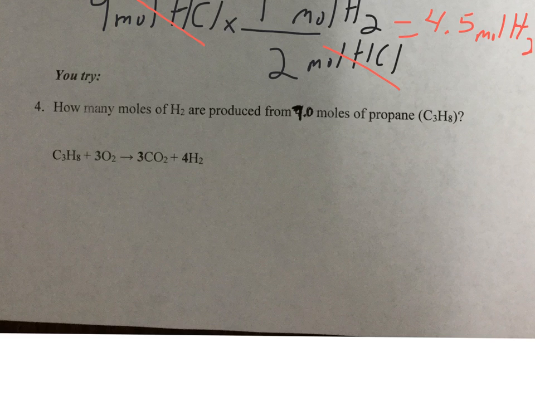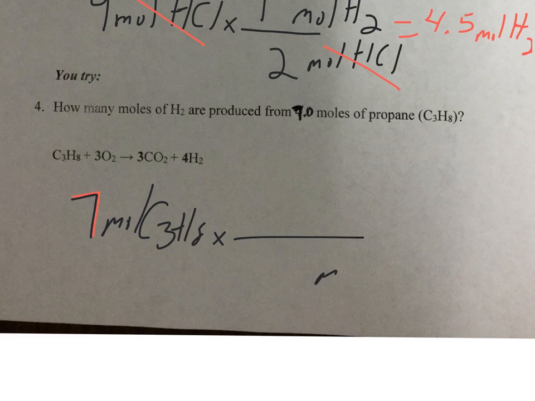Okay? That's not right. You can write it out somewhere on the side or something. Remember, you're going to switch the propane to hydrogen gas. What's my answer? I got 28. 28, very good, because you have your 7 moles of propane.